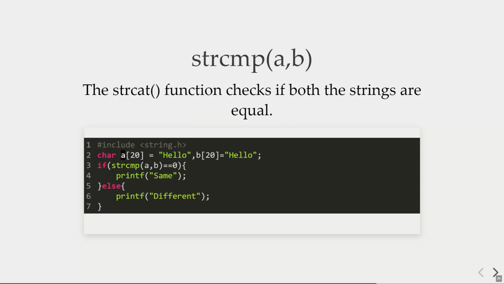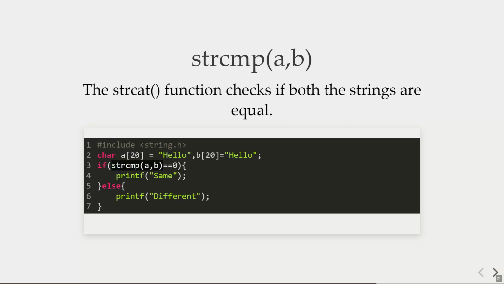Let's say you have two character arrays A and B. One has hello and the other has the exact same hello. If I do strcmp A comma B, then if both of them are equal, strcmp will give you a value of 0. Here I am checking whether after comparing, this value comes out to be 0.